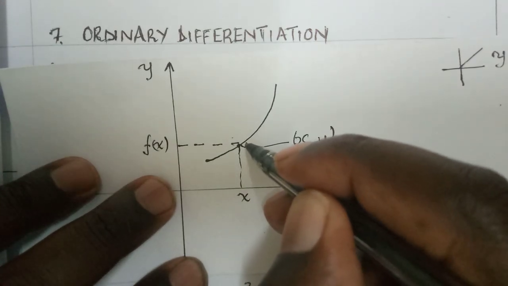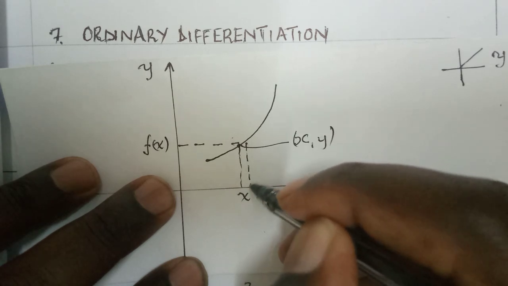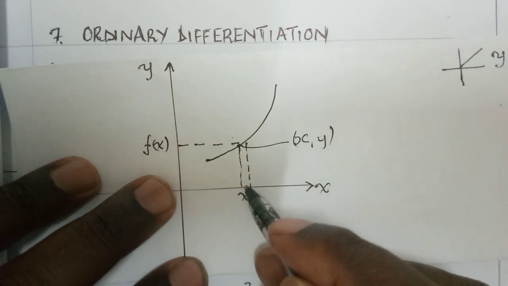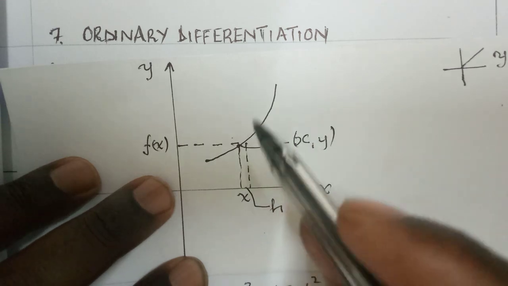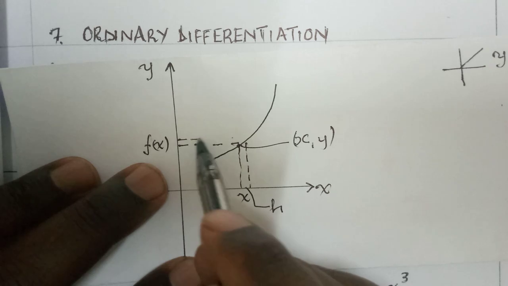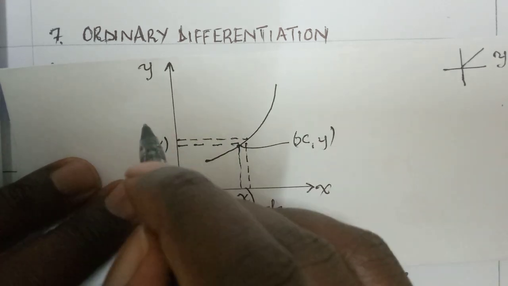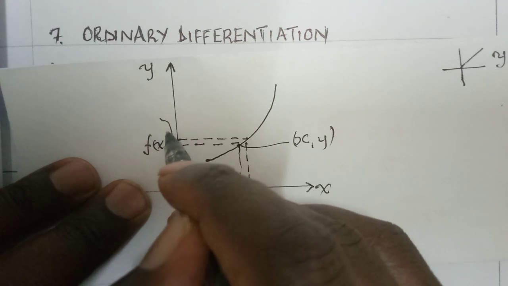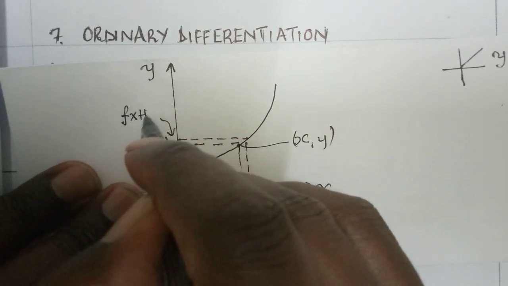For example, let's call this small change h. So on this other side of y, we shall still have a small change, which we call f(x plus h).